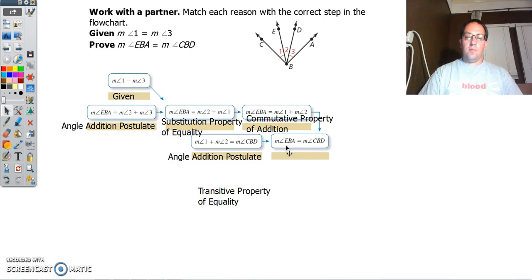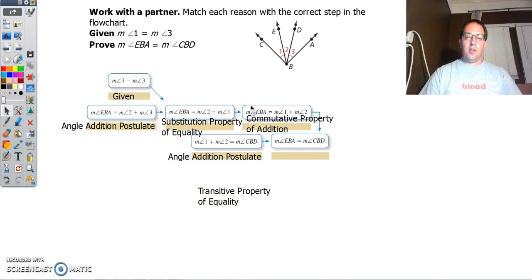Now on this last one, well, where did this come from? This is what I wanted to prove, but how do I know it? Well, we took the measure of angle 1 plus measure of angle 2 equals the measure of angle CBD, and we put that together with this one here. We know that's where it's coming from because we've got the arrows here. And so, how do we put this with this to create our final statement?